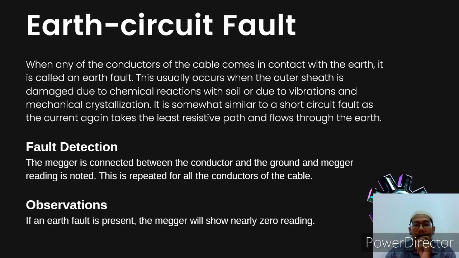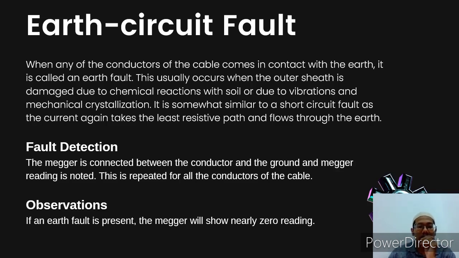The earth fault is when one of the conductors comes in contact with the earth. It occurs because the outer sheath is damaged due to chemical reaction with soil or due to vibration and mechanical crystallization.